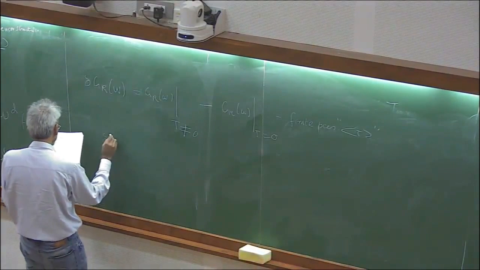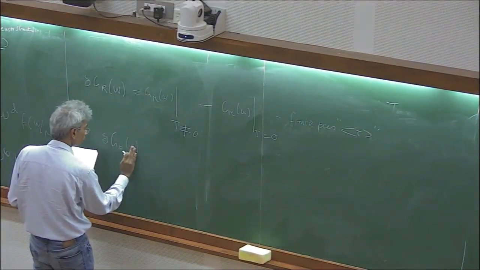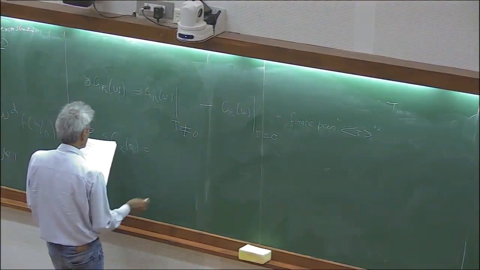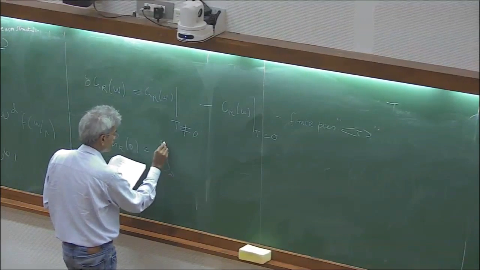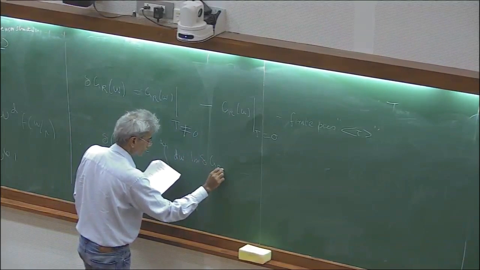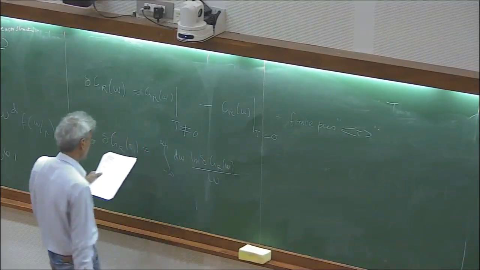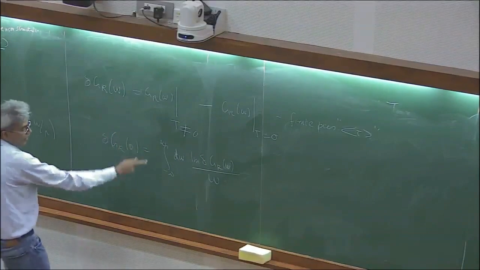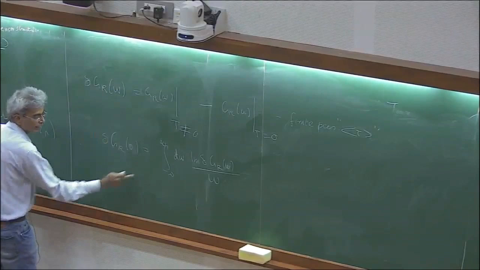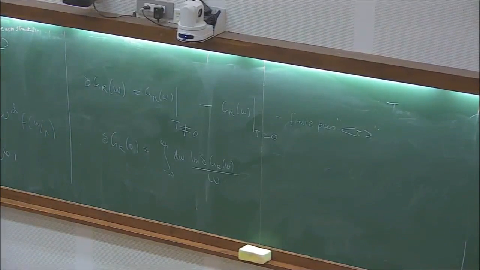So what we will have is delta G_R at omega equal to 0 is equal to, and we can apply the Cauchy theorem on this. What we are trying to derive is basically the RHS or LHS, this part of the answer. So let's work this out in 2D.